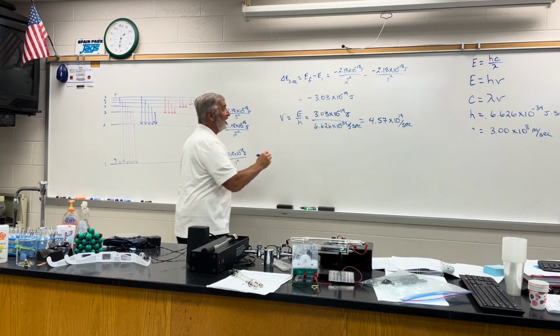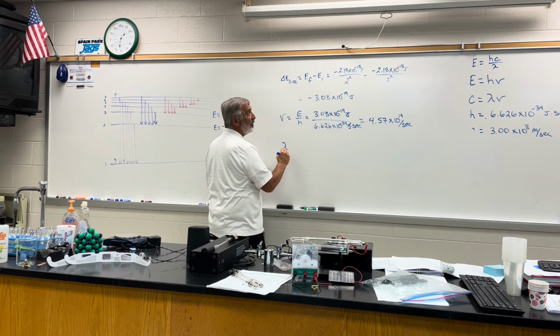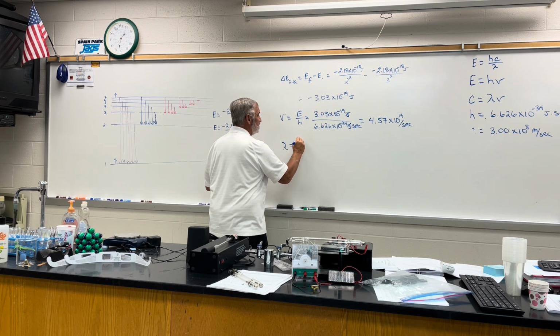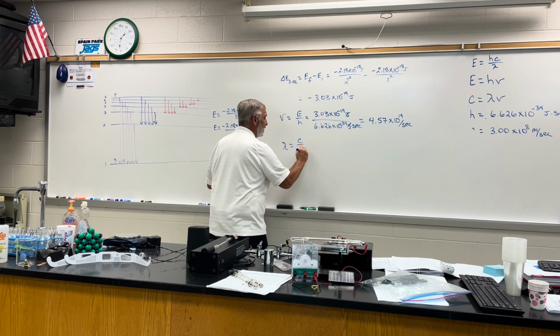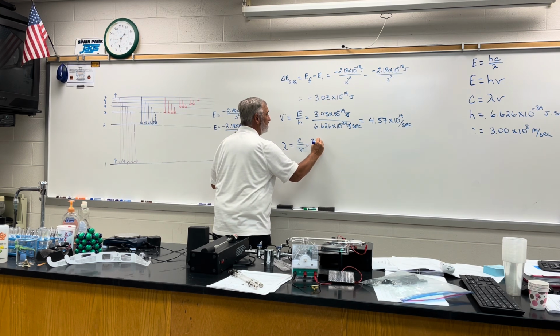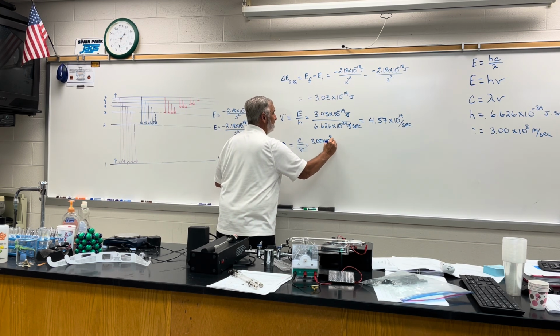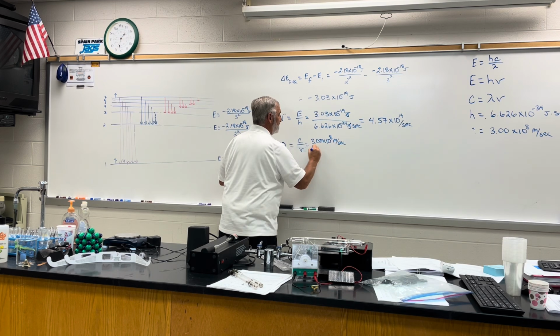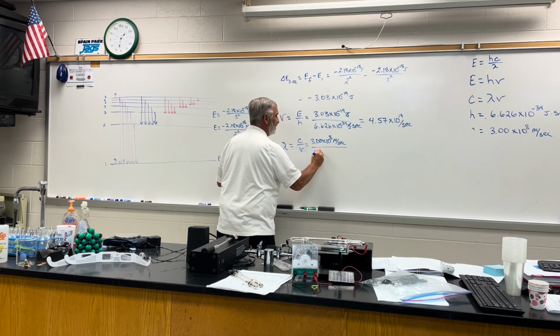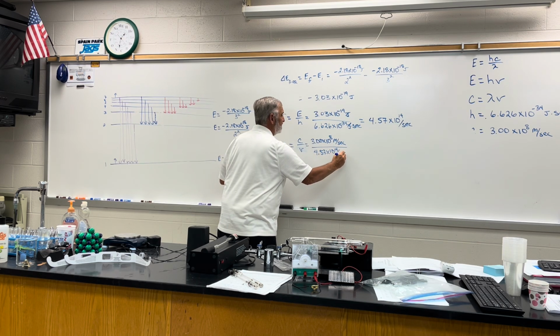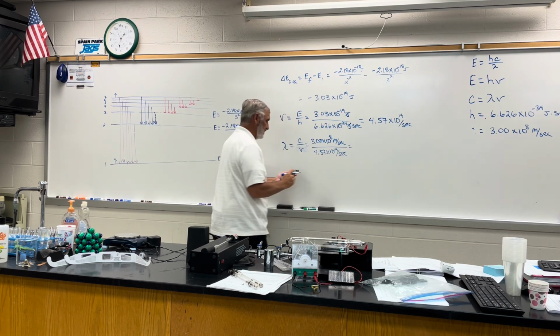Well, I can now find the wavelength of that, because wavelength is going to equal c over nu. So it's going to be 3.00 times 10 to the 8th meters per second divided by the frequency I just found, 4.57 times 10 to the 14th per second. Seconds are going to cancel, leaving me meters.